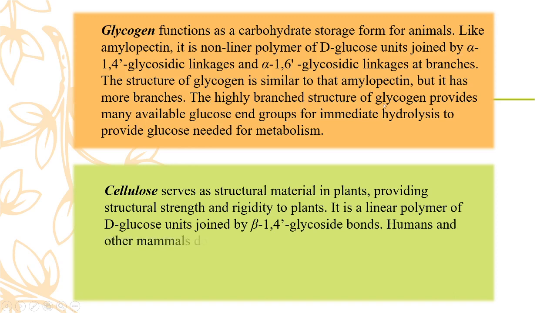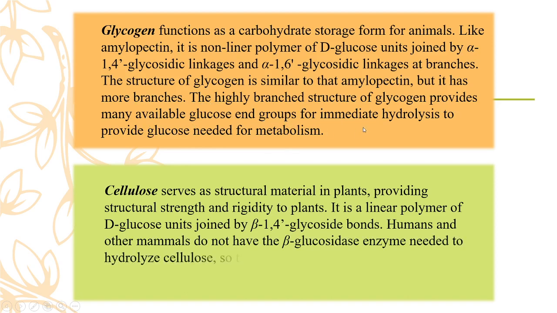The highly branched structure of glycogen provides many available glucose end groups for rapid hydrolysis to provide glucose needed for metabolism. And cellulose serves as a structural material in plants, providing structural strength and rigidity. It is a linear polymer of D-glucose units joined by beta-1,4 glycosidic bonds.